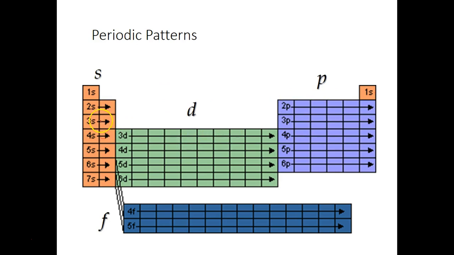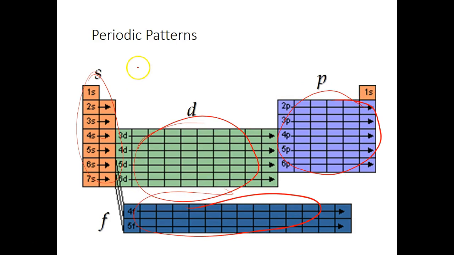We reach the end. And then 3s, and then 3p. We reach the end. 4s. We reach 3d, then 4p, and we just continue it like that. If you can remember that this area is S, this is P, this is D, and this is F down here, to me, this is a much easier way to remember the order.